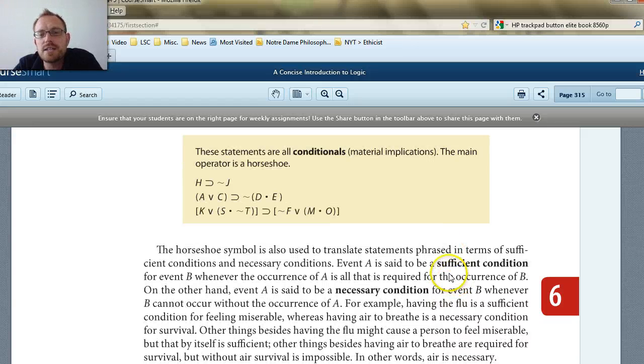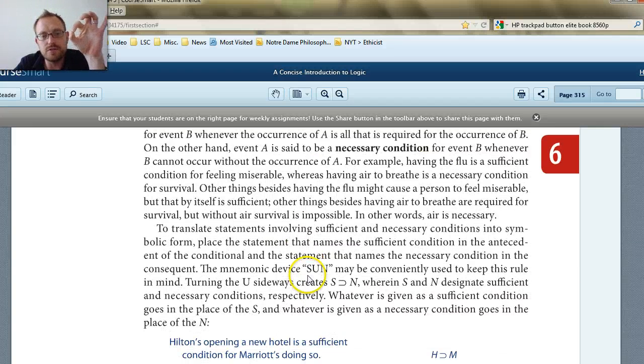Now, one thing is, remember here, in the very first chapter, and I encourage you to go back and take a look at it, we talked about the difference between sufficient and necessary conditions, right? This conditional can translate either one, and it can get kind of confusing here, right?